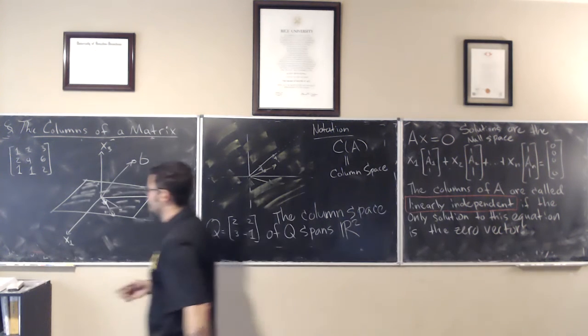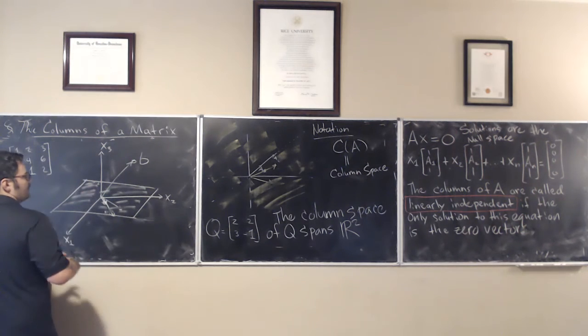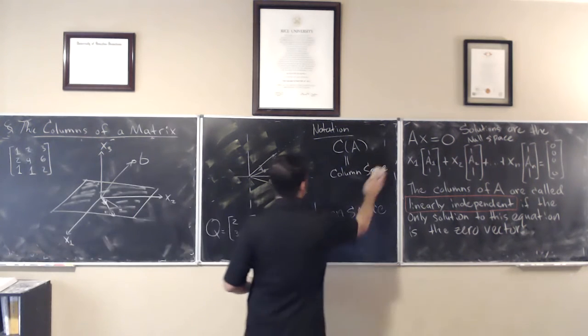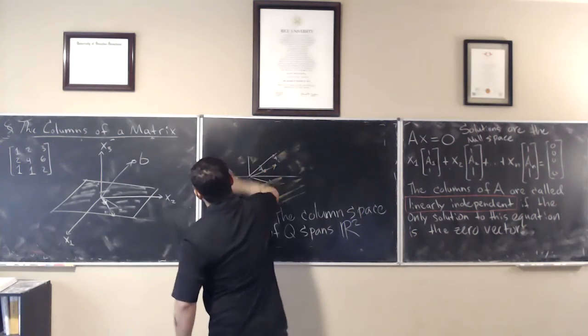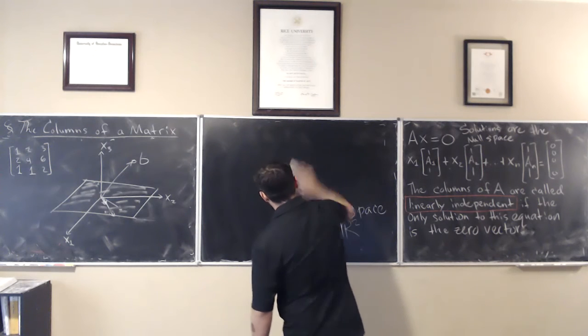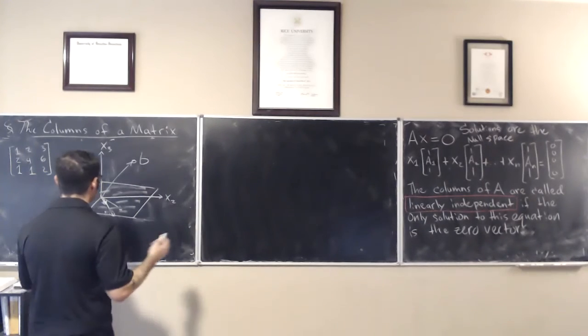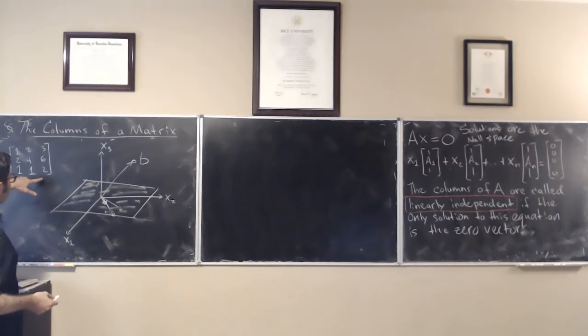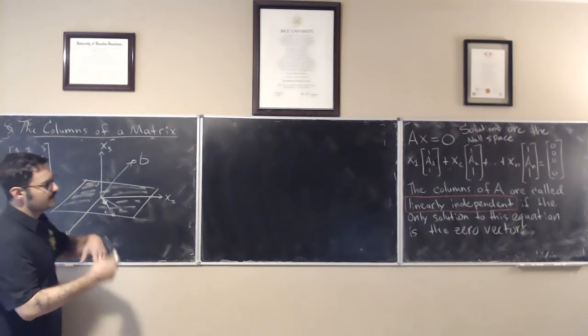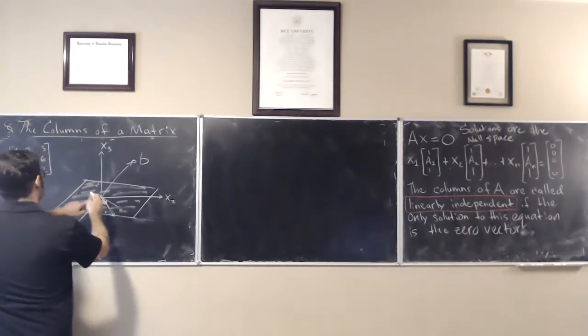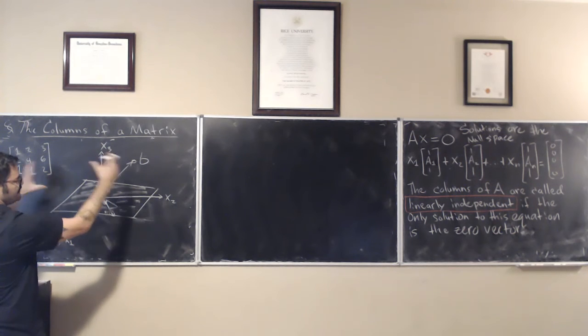Okay, so now to the important point. Important thing is that if they all did not lie on the same plane, if they were linearly independent, then they would span the space.